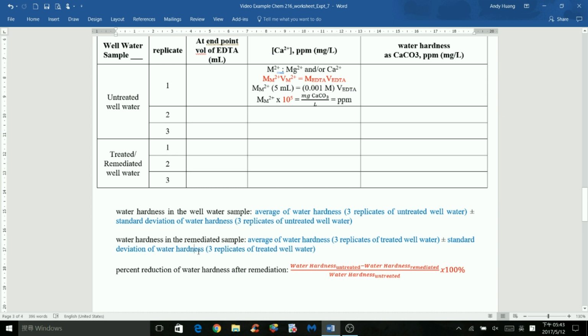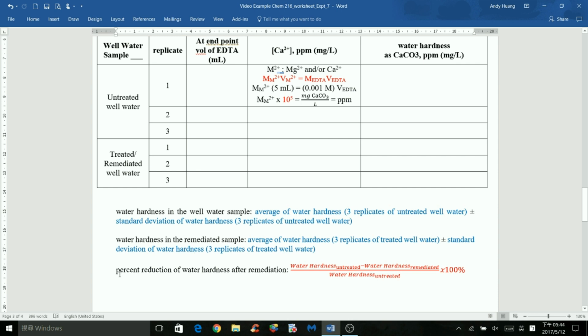You can use your calculator. You can use Excel. Or if you took stats before, you can use the equation for standard deviation and do it by hand. So whatever way is the most convenient for you.